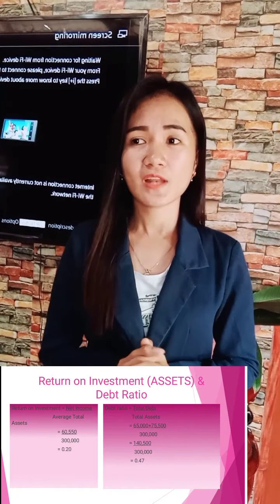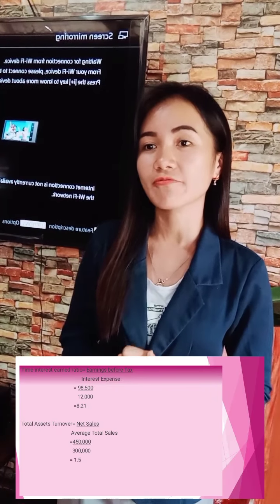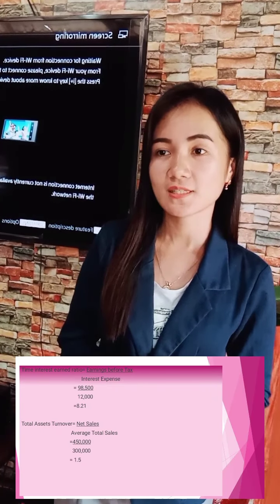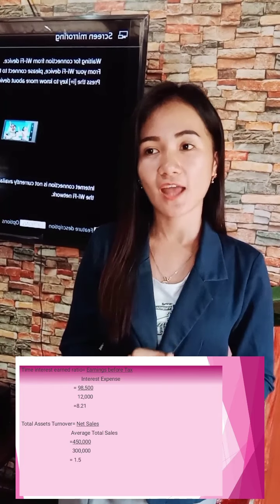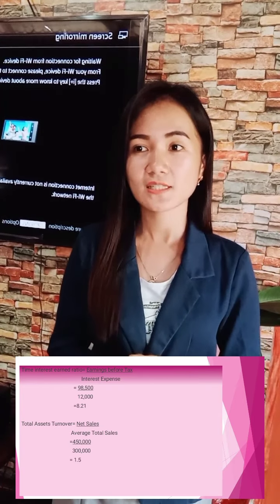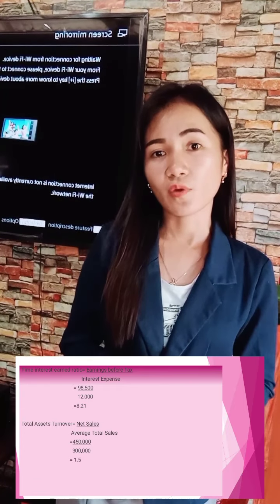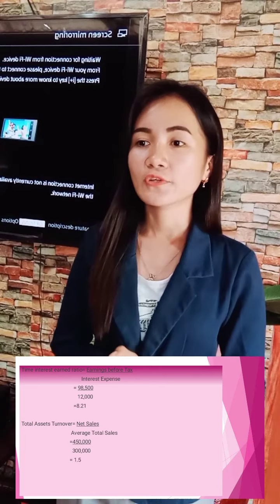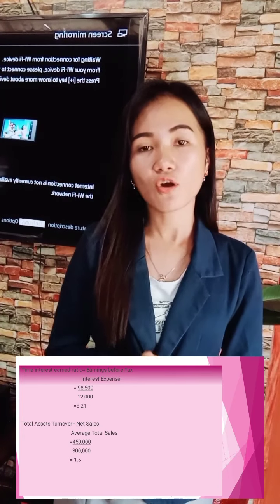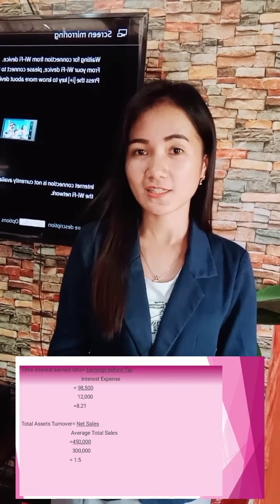And for the formula, time interest earned ratio equals earnings before tax divided by interest expense. It is earnings before tax 98,500 divided by interest expense 12,000. So the total is 8.21. And the total assets turnover equals net sales divided by average total assets.